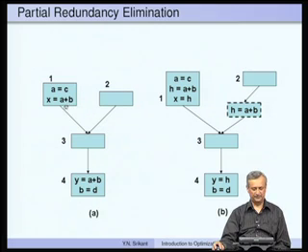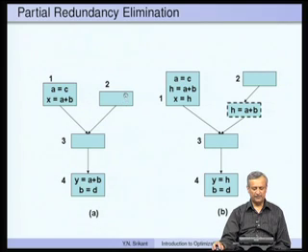Let us understand this. Here is A equal to C, and then we have x equal to A plus B. Here we have y equal to A plus B, and we have B equal to D. There is no computation of A plus B here, and there is no computation of A plus B here.